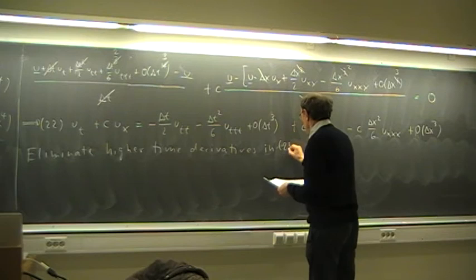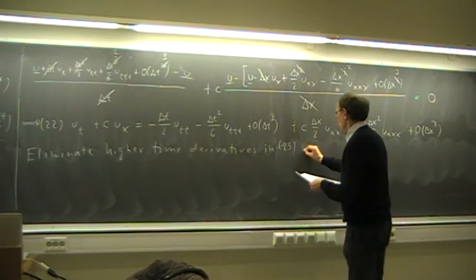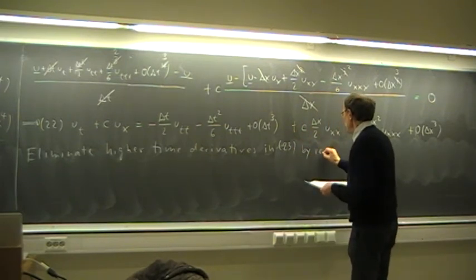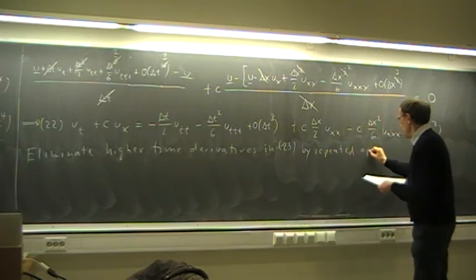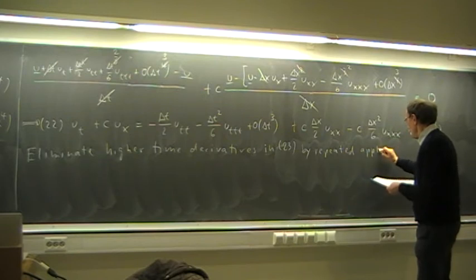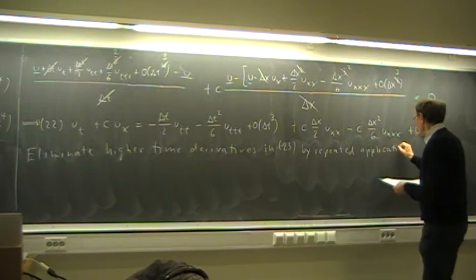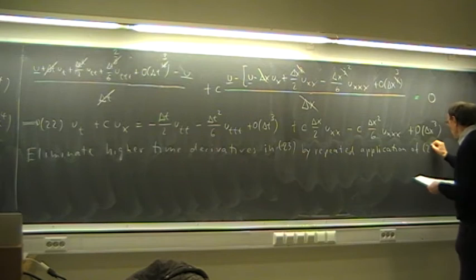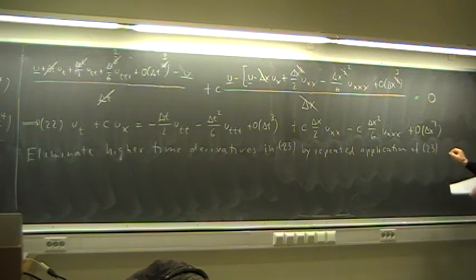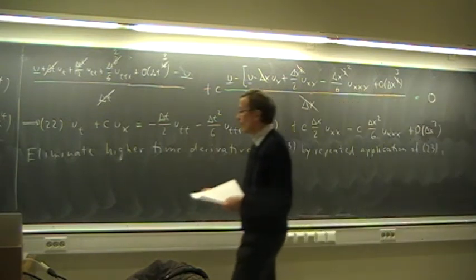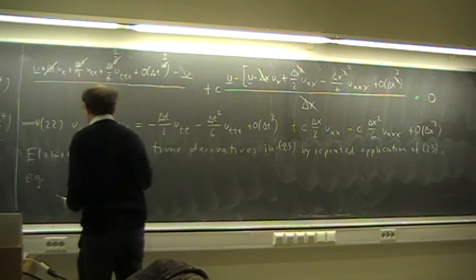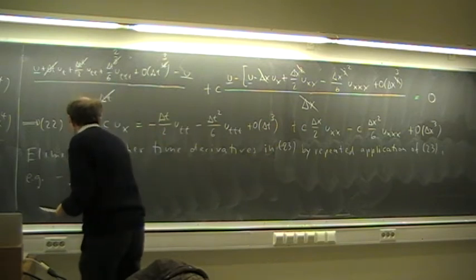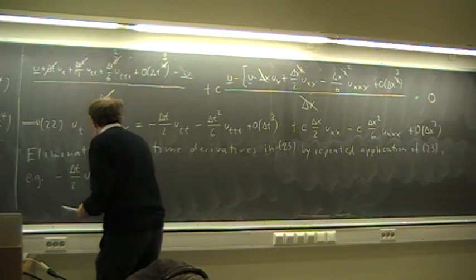In 23, we do that by repeated application of 23. For example, this term minus delta t half u_tt.